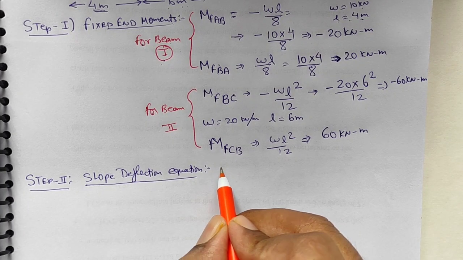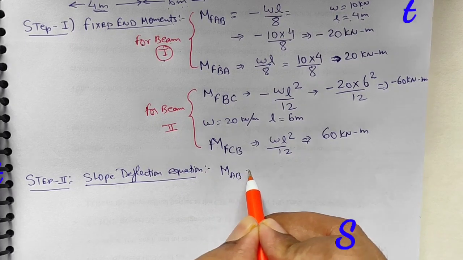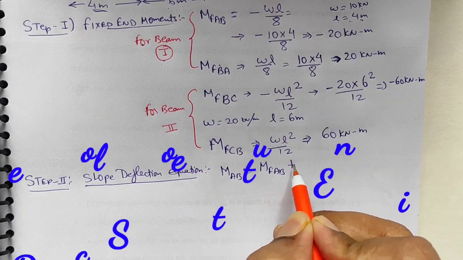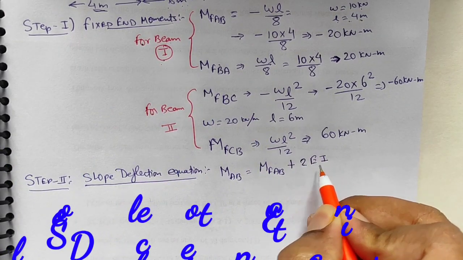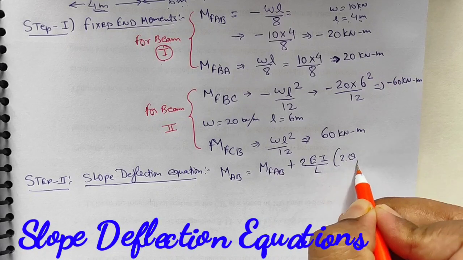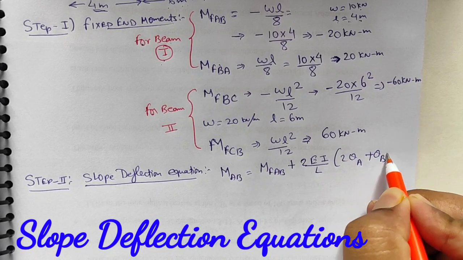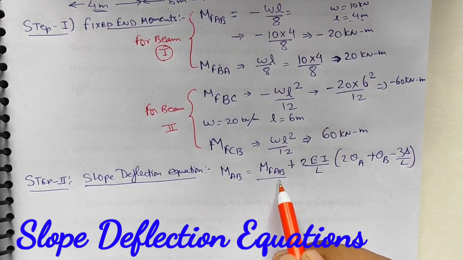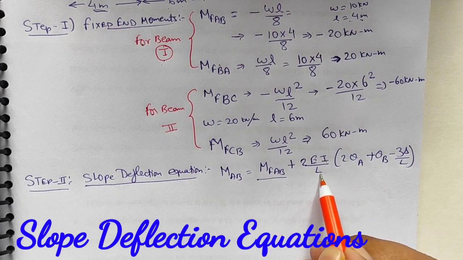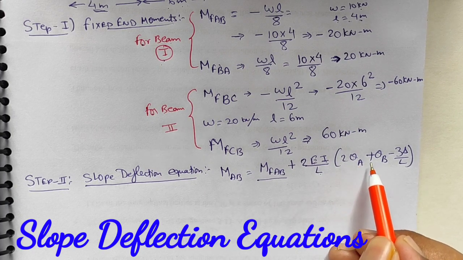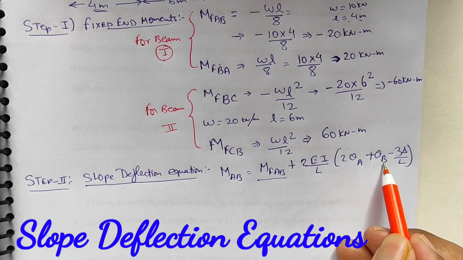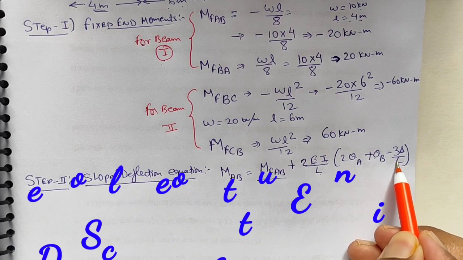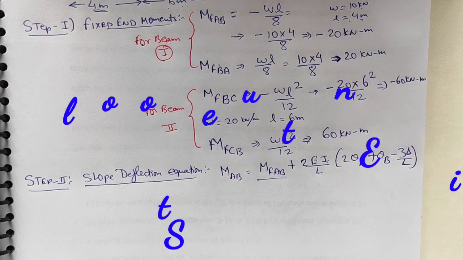I'll write for you MAB is equal to the fixed end moment, MFAB, plus 2EI upon L into 2 theta A plus theta B minus 3 del upon L. MFAB is the fixed end moment, EI is the rigidity of the beam, L is the length, theta A is the rotation at end A, theta B is the rotation at end B, and del is the settlement, if any is provided, and L is the length of the beam.